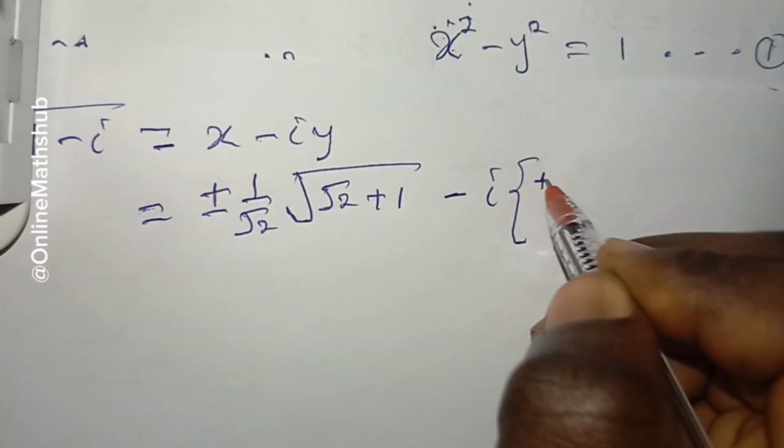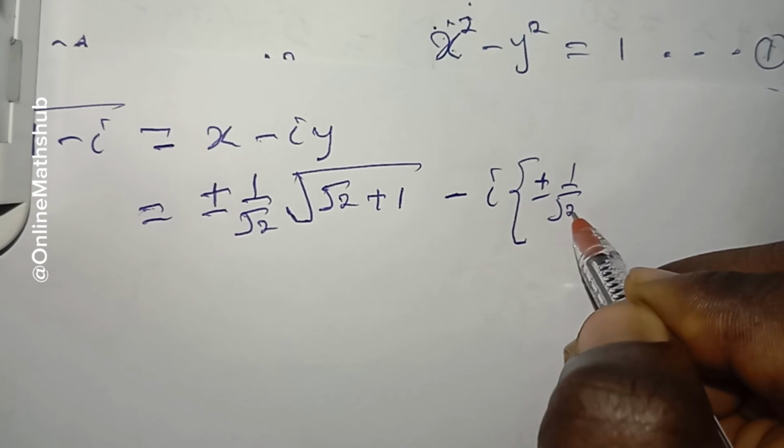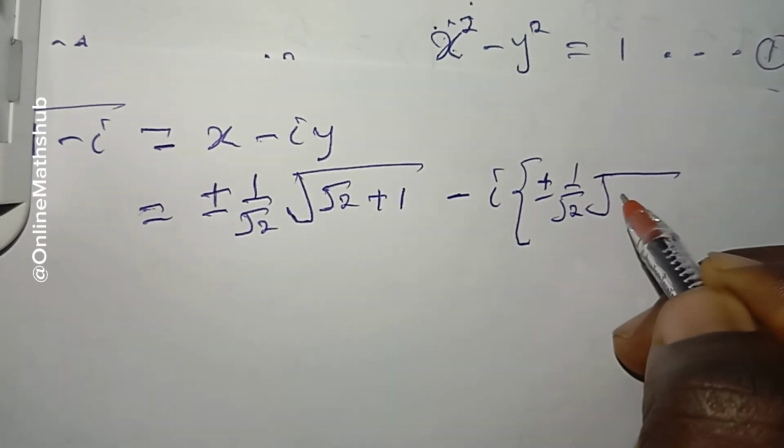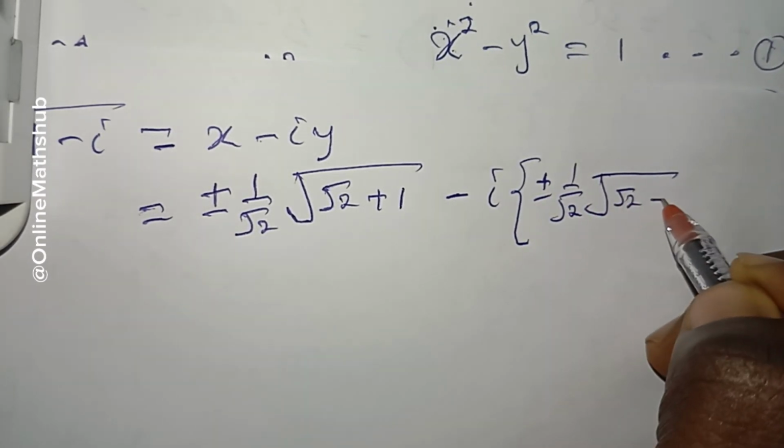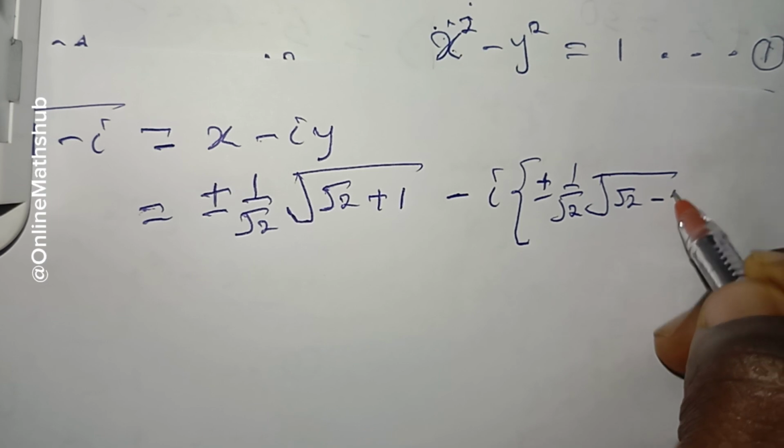y is also plus or minus 1 over root 2 multiplied by the square root of root 2 minus 1.